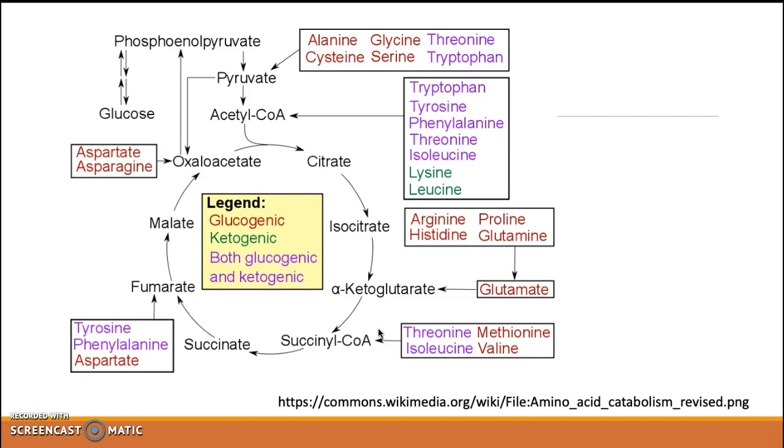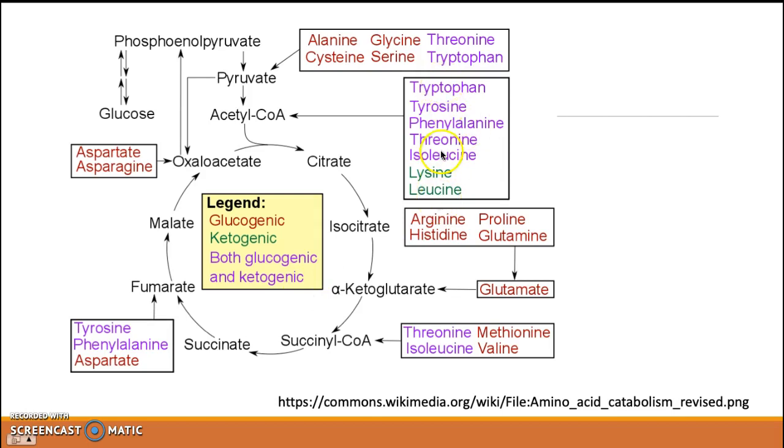Now this is an example. Here's pyruvate, acetyl-CoA, and then this is the citric acid cycle. So you should have talked about this already. But we don't really need to worry about whether these amino acids are glycogenic, ketogenic, or both. What we want to see is that some of these amino acids, when they undergo deamination, can then be converted to pyruvate and then enter the citric acid cycle.